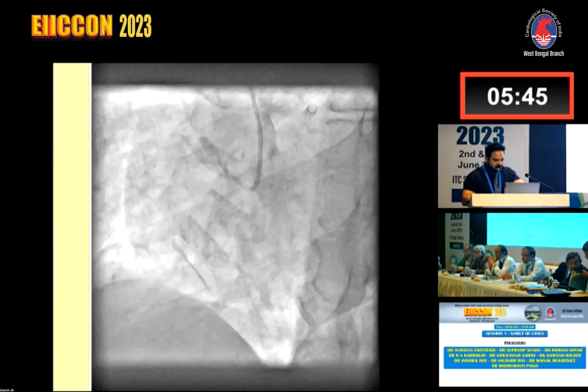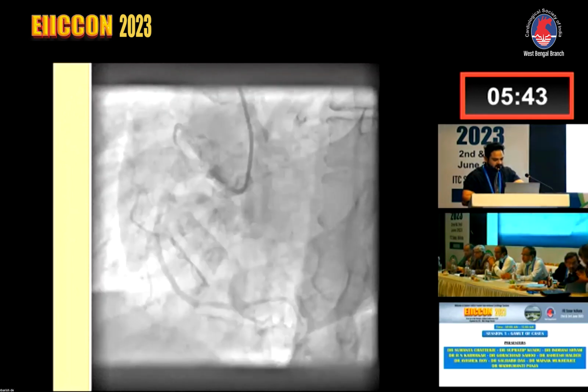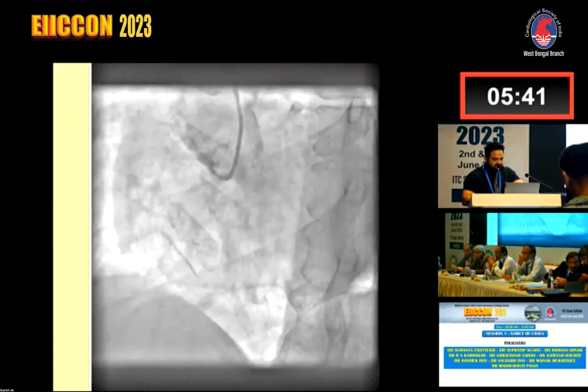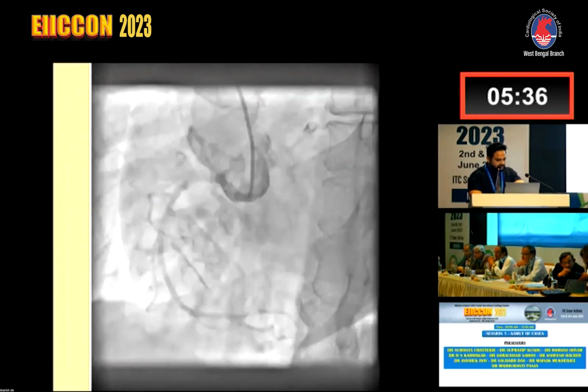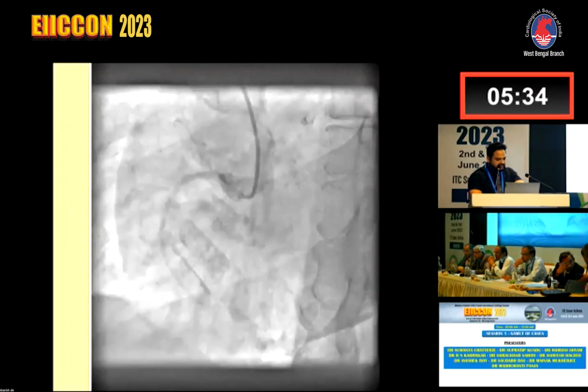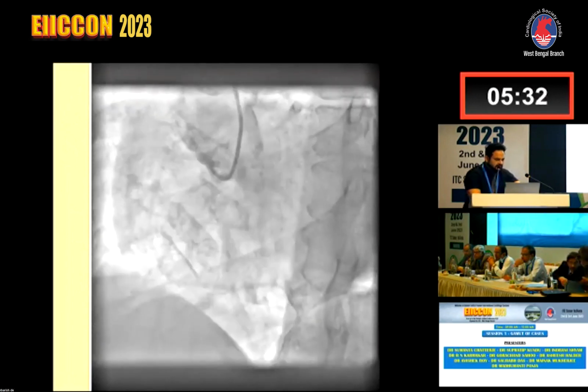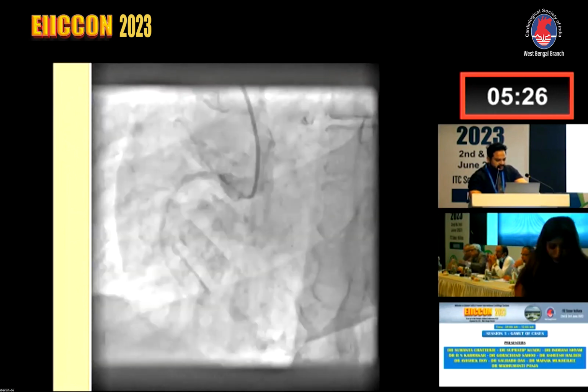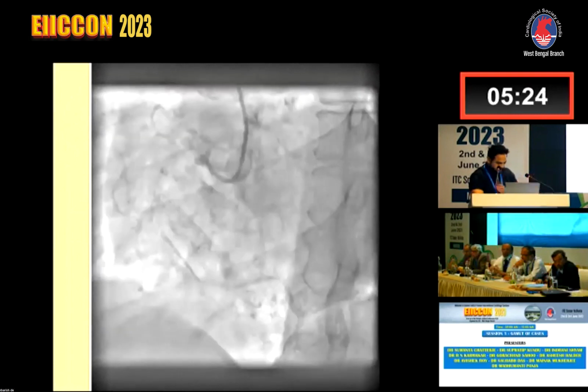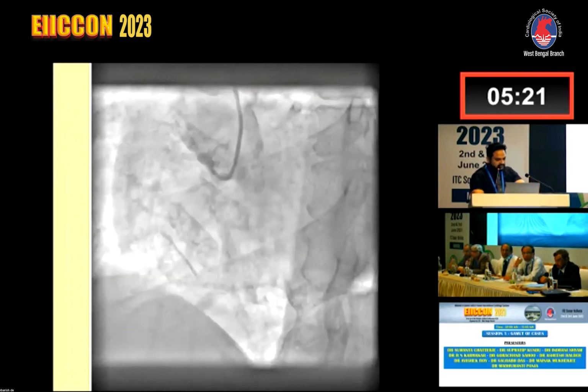So this was the angio. He took the shot, and this was the angio, and I could sense apprehension that something was going very wrong. I immediately told him to step aside and took the catheter, the Tiger.